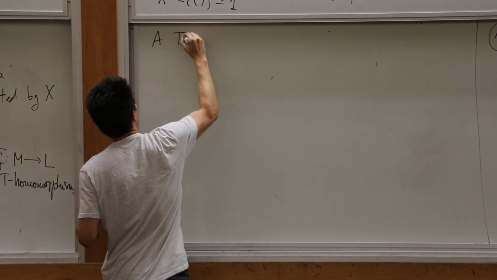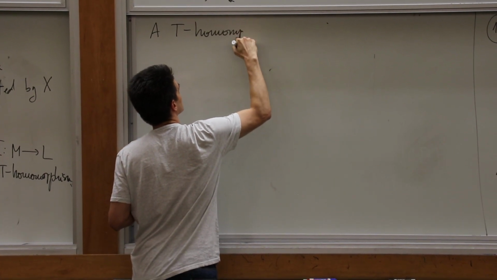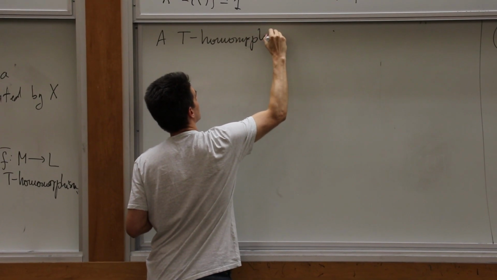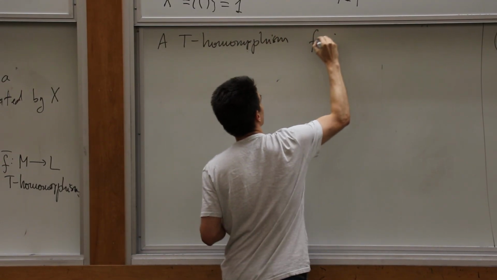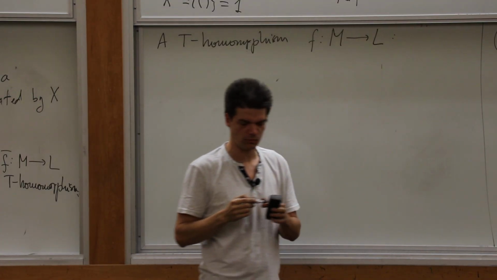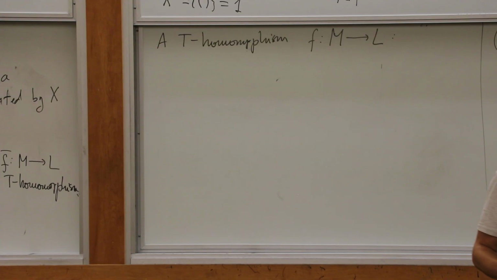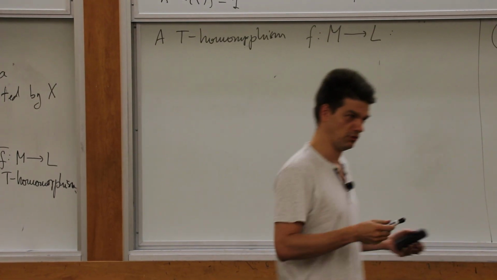A T homomorphism F from M to L. Can you guess what this would be? So what is a homomorphism in algebra? A homomorphism is a map that preserves the operations, that commutes with the operations. So that's what we need to write down.